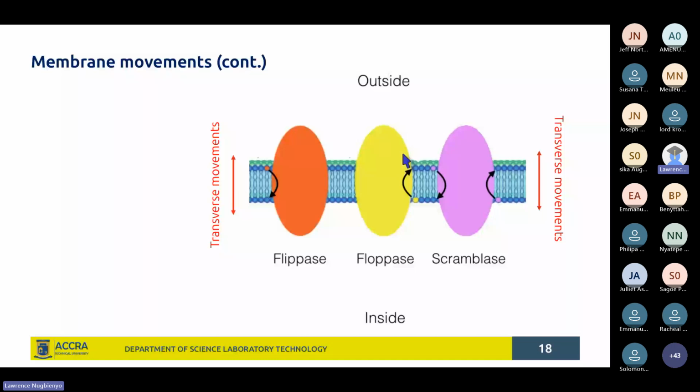So yes, these movements are also transmembrane movements, but they are catalyzed. There are enzymes. In other words, these enzymes are embedded proteins in the biomembrane, which catalyze these movements. All right.